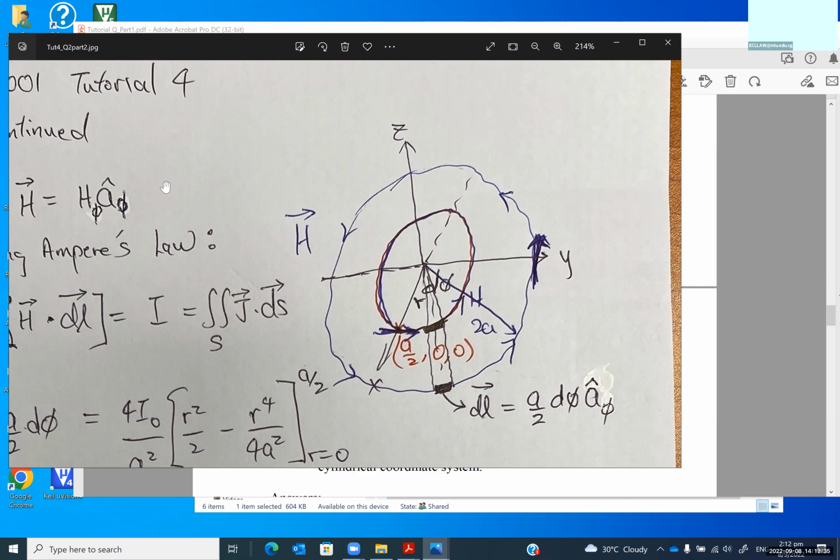What would it look like? Think of your E field. Your E field is radial, right? In this figure we are visualizing the magnetic field. So if you have an a_r component, what would it look like?